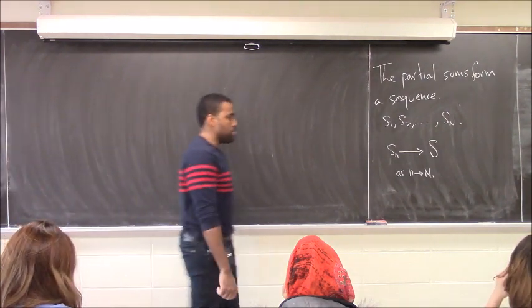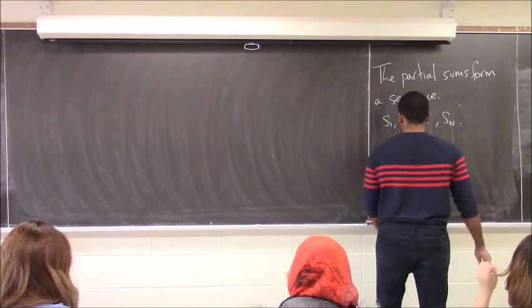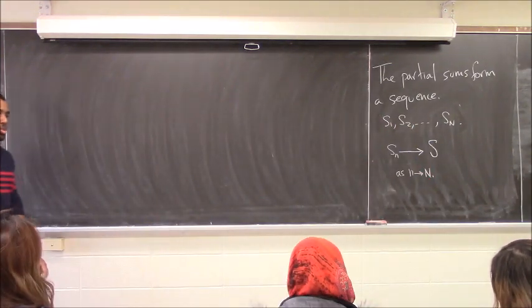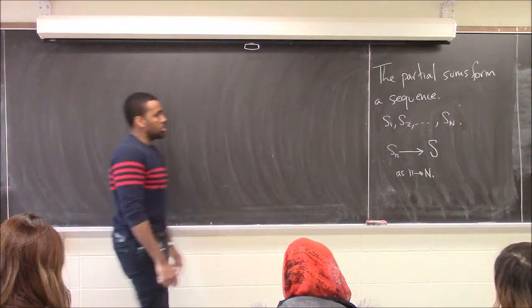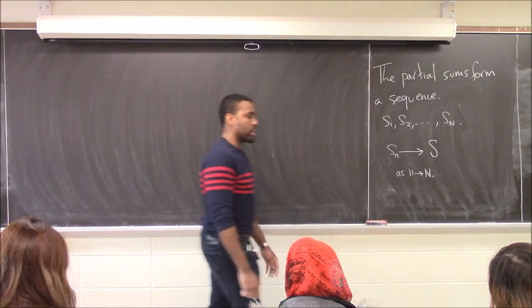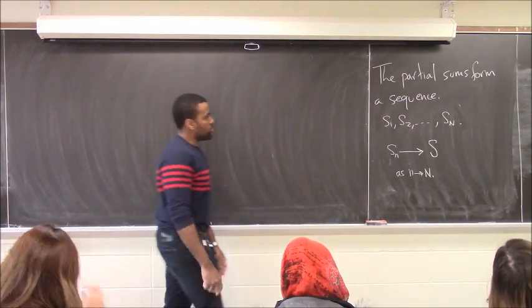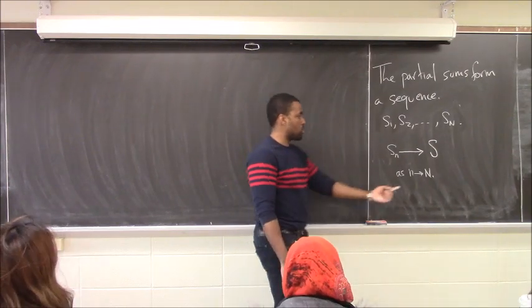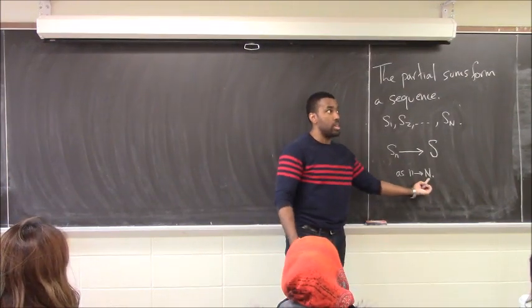Now, how you actually put the math behind this idea is by taking this idea to its extreme conclusion. Right? So the idea is if we're looking at the partial sums, they will get closer and closer to the actual answer. Well, what if you wanted to have an infinite number of partial sums? Well, that would simply require you having your big N be infinity.